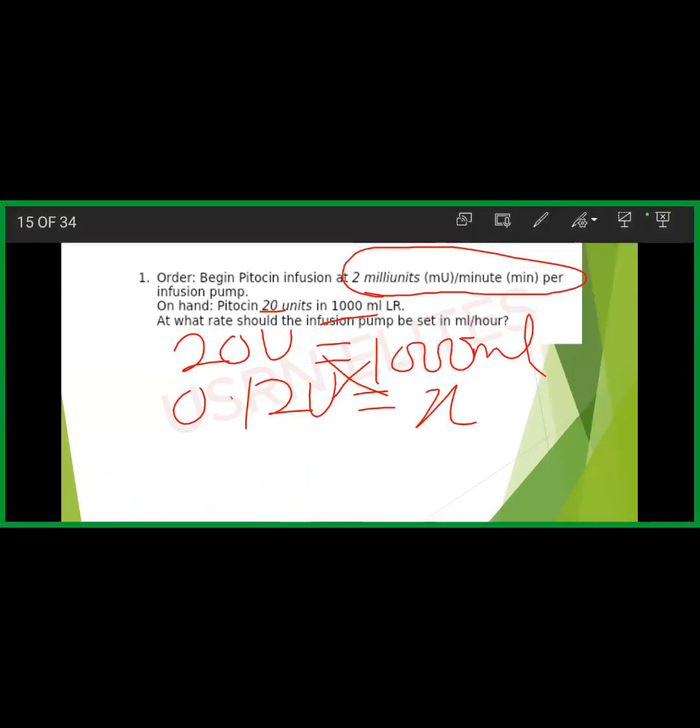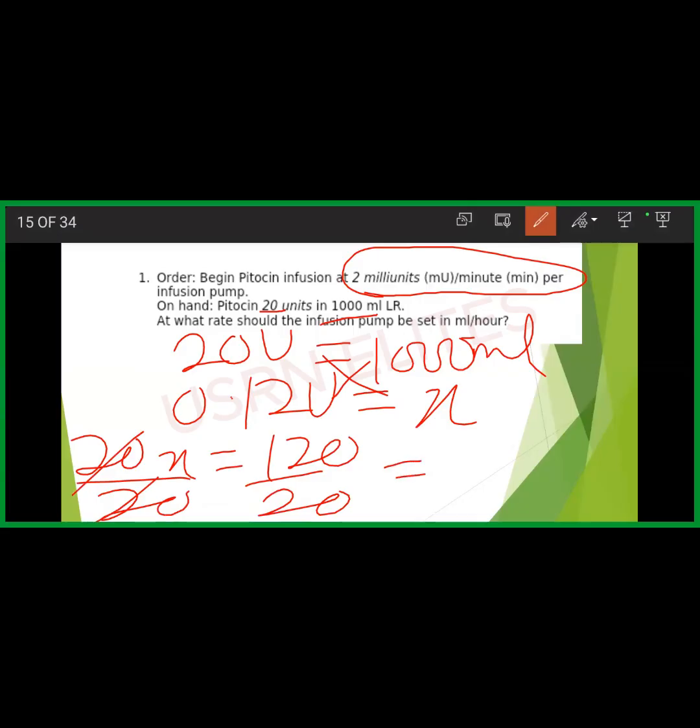What are we getting when you cross multiply? You have 20x is equal to 1,000 times 0.12, which is 120, right? So now what will you get? You get 6. So you are now getting 6 mils per hour. So that is our answer.